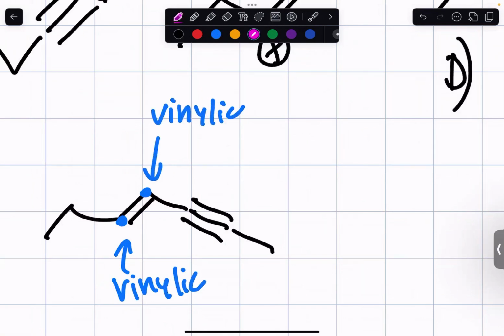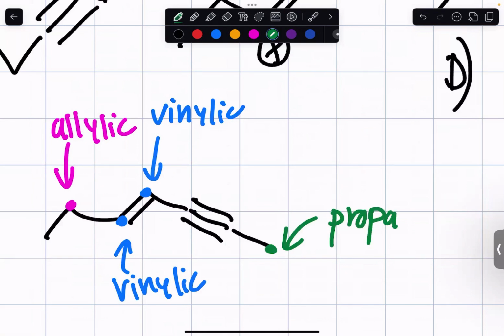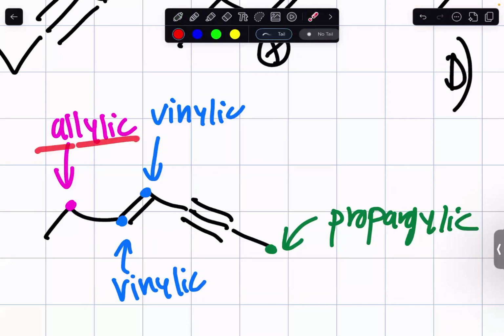One carbon away from the alkene is the allylic carbon. One carbon away from the alkyne is the propargylic carbon. Right, so allylic, vinylic, propargylic. Like Justin said, it's like allylic, but next to a triple bond, next to an alkyne.